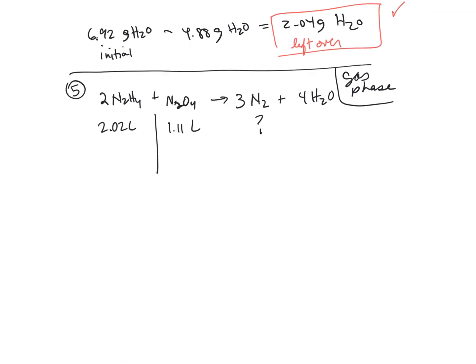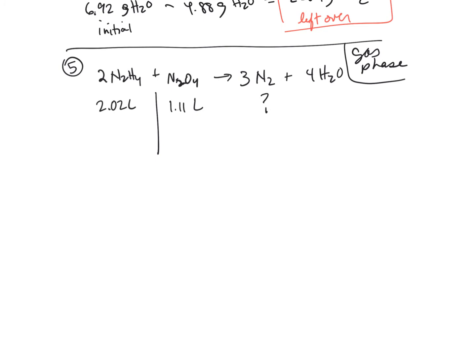All right, this one's easy. You're going to just use ratios of volume, just like you would use ratios of moles. That's because of Avogadro's law, which says that the volume is proportional to the number of moles.